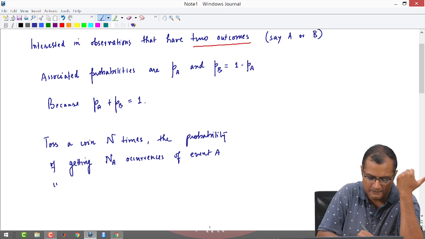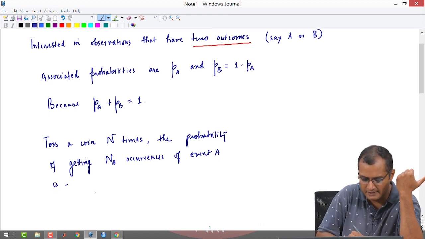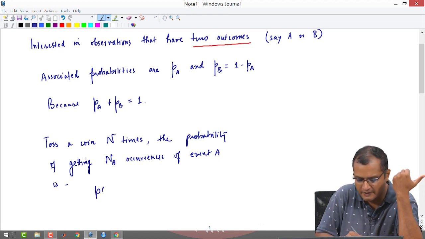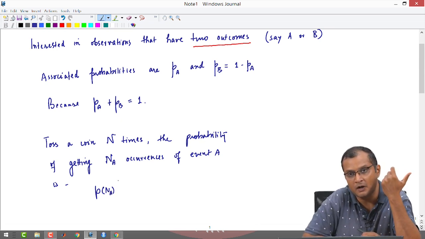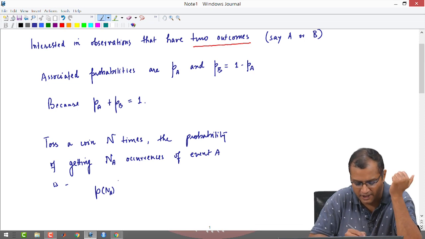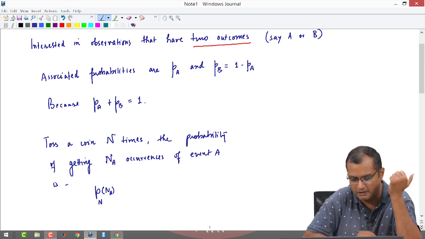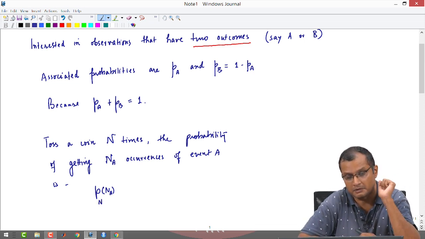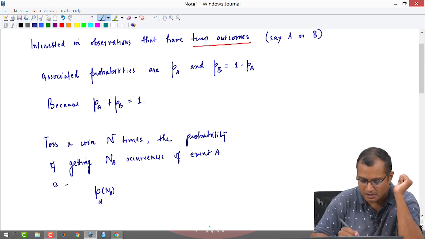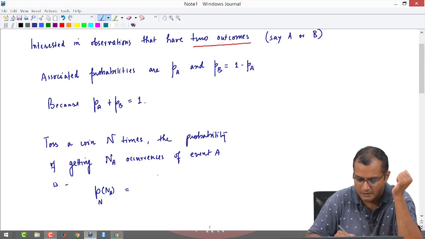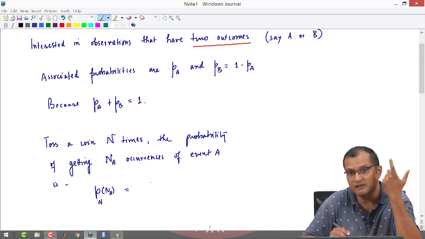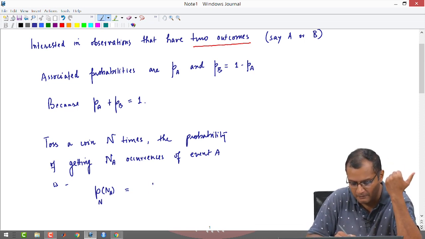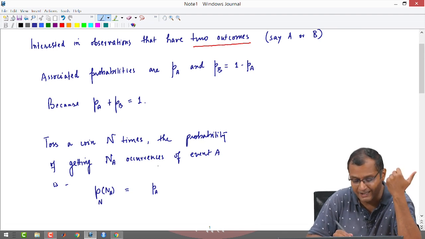is given as, I am going to call it P of n_A. So, the probability of getting the occurrence A n_A number of times in a total of n tosses or n experiments is given as: where you had n_A times the event A and the probability of each event is P_A, but you got it n_A times, so it has to be raised to the power of n_A.